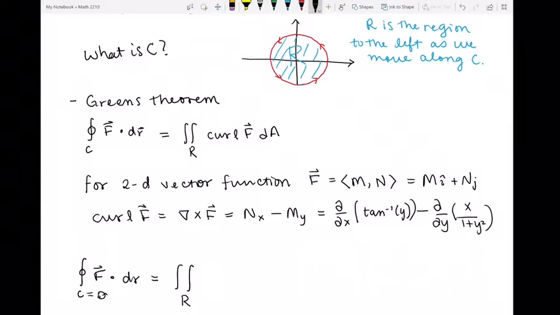If I take the derivative, well, that's just a constant with respect to x, so that will be 0 minus, this x is just a constant with respect to y, so that will be x over 1 plus y squared.